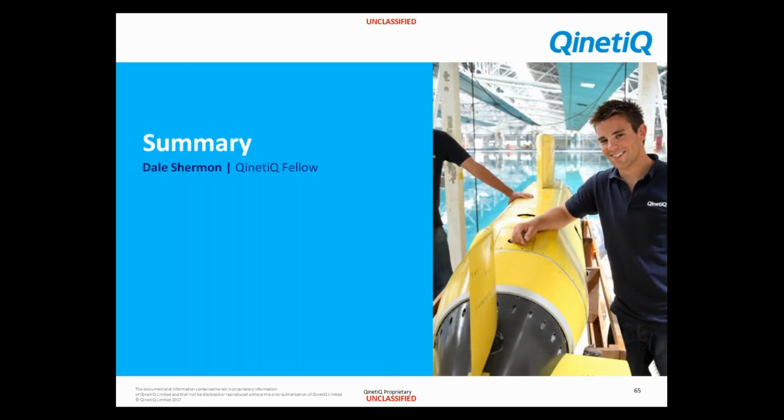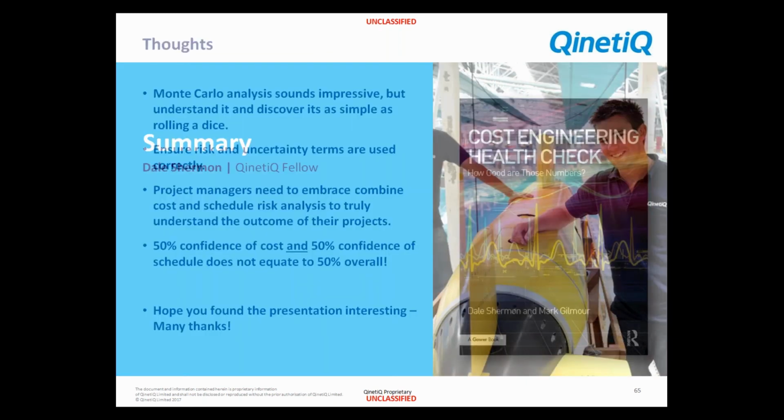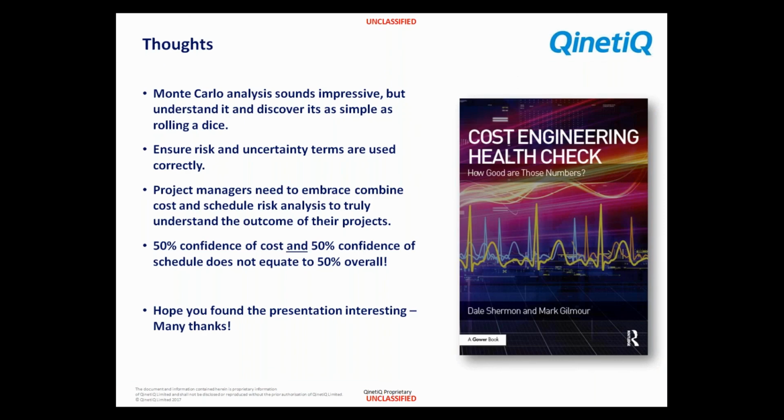So I'd like to draw to a close now and bring this to a conclusion. My final thoughts, really: Monte Carlo analysis sounds impressive, but if you understand it and you appreciate it fully, then it's really as simple as rolling a dice. We need to ensure that we use uncertainty and risk terms correctly.